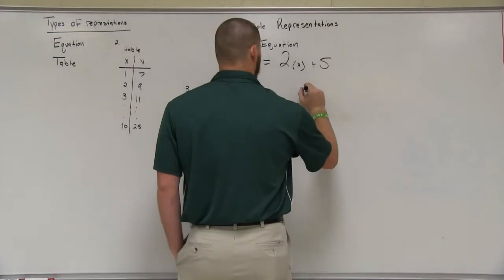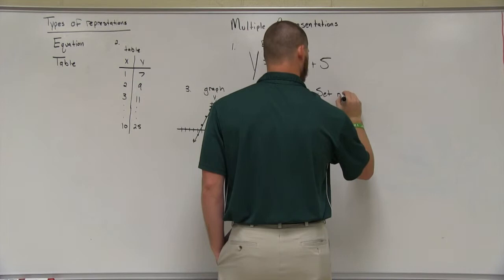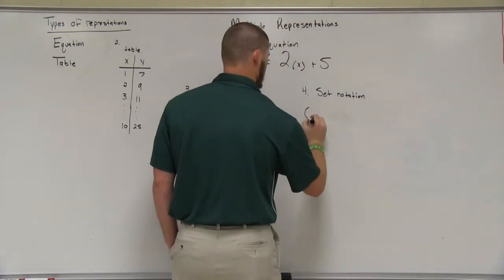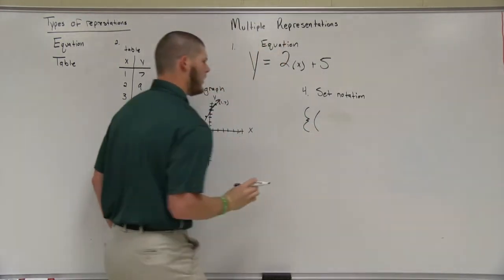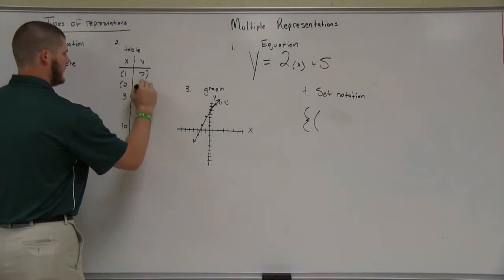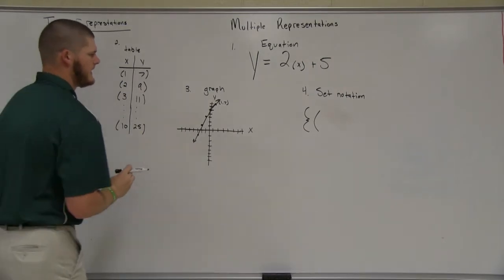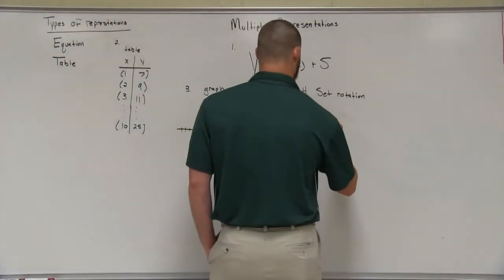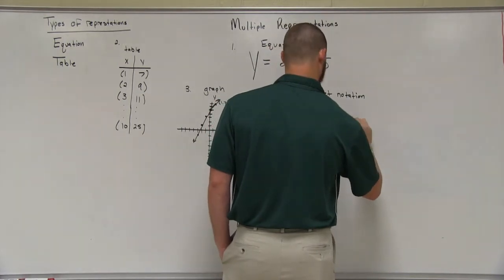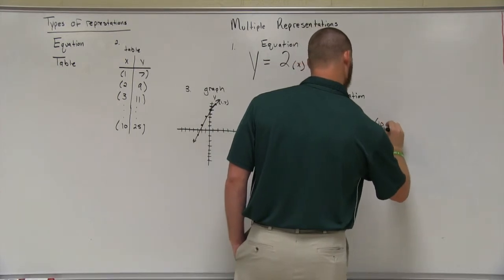The next way that we can look at this is called set notation. All set notation is, we take our plot points, or the groups from our table or our graph, and we list them side by side: 1, 7, 2, 9, 3, 11, 10, 25.